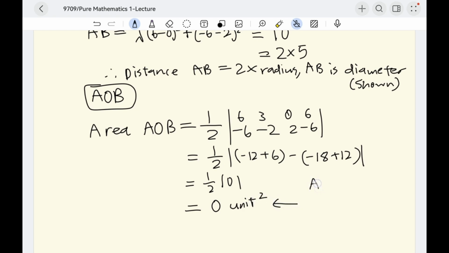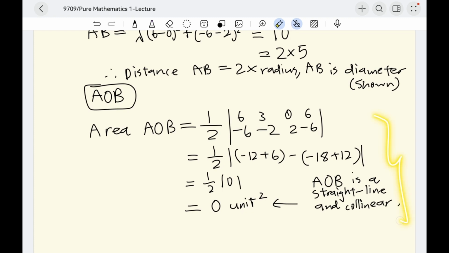It means that when A, O and B connect together, they will form a straight line, for which points A, O, B are collinear, is a straight line and collinear to each other. I think some of you should have learned this from your secondary school, so therefore it's also shown.